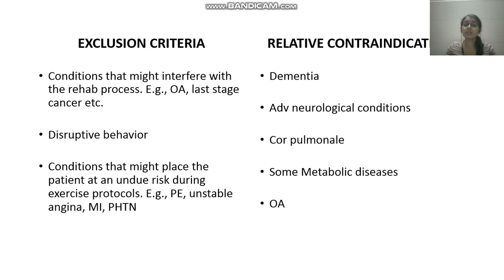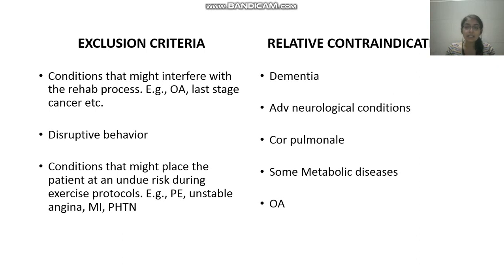Although some components of pulmonary rehabilitation you can give them, others you'll have to refrain from including in exercise therapy as a whole. So that is why it is relatively contraindicated.